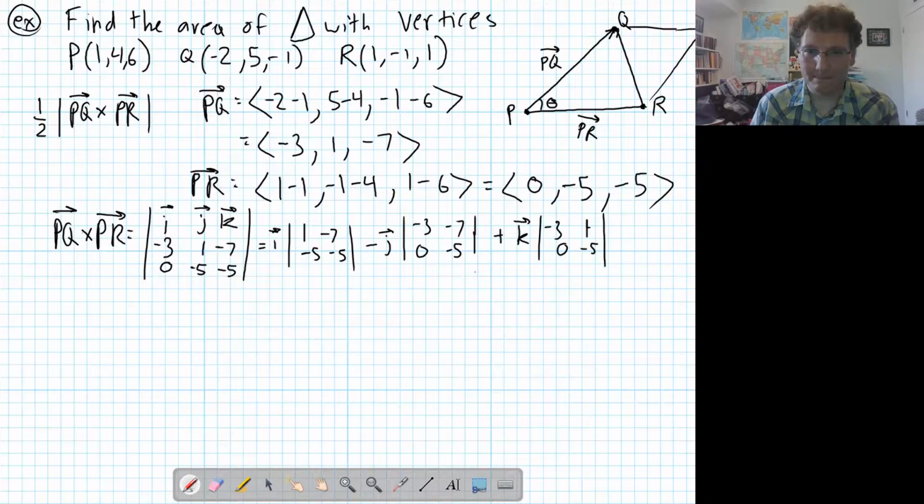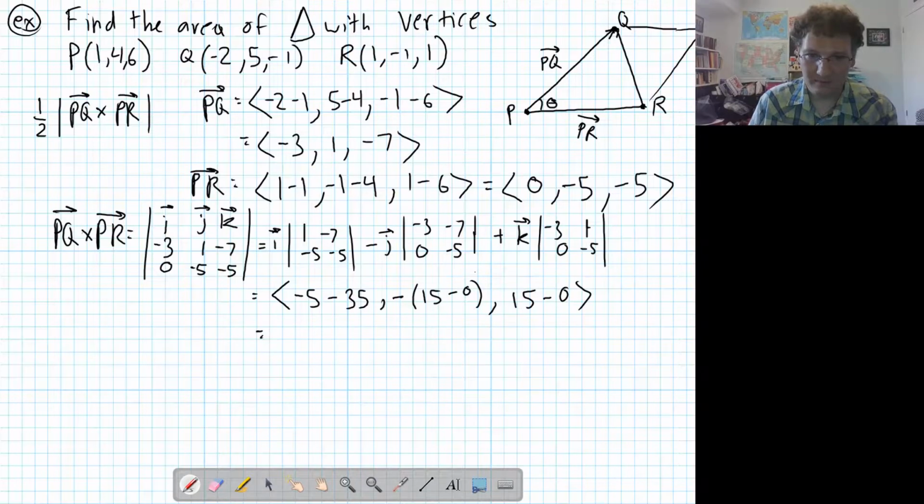All right. So this is going to be what? The first component is 1 times -5, that's -5, minus 35. Then we have minus, minus 3 times -5 is 15, minus 0. Then plus -3 times -5 is 15 minus 0.